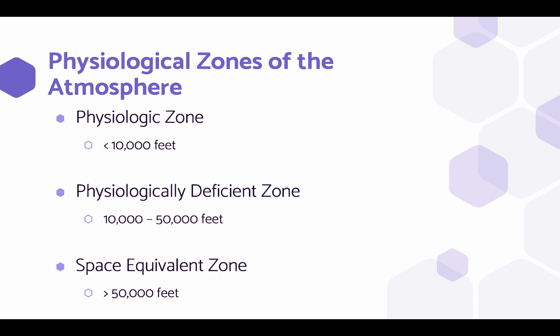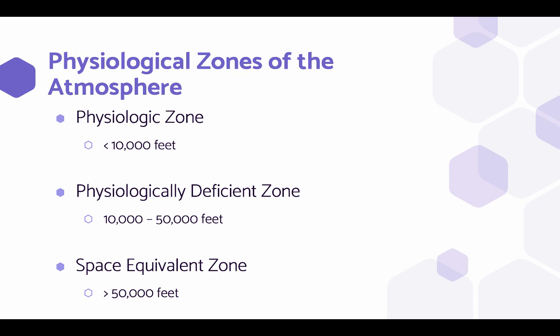Once we go over 10,000 feet, we enter into this physiologically deficient zone, and this is where we need some supplemental oxygen and/or need a pressurized aircraft, right? So think of flying in just a commercial aircraft. We're in this physiologic deficient zone, and we are in a pressurized aircraft.